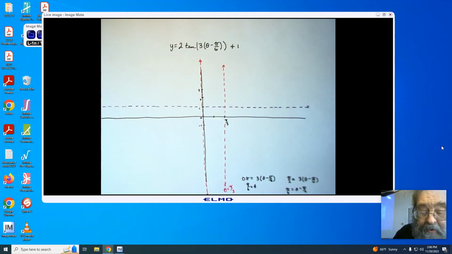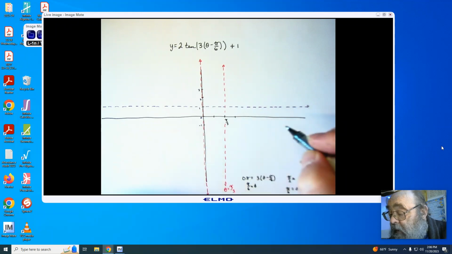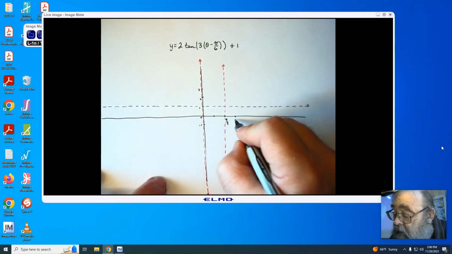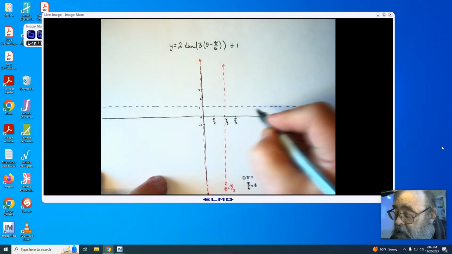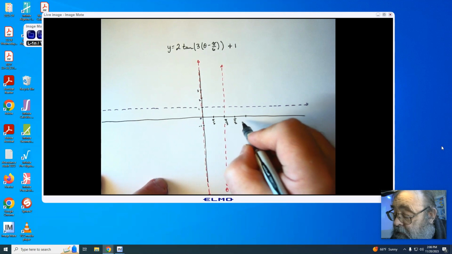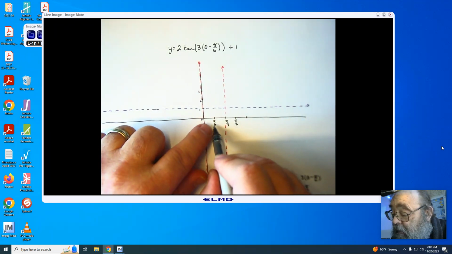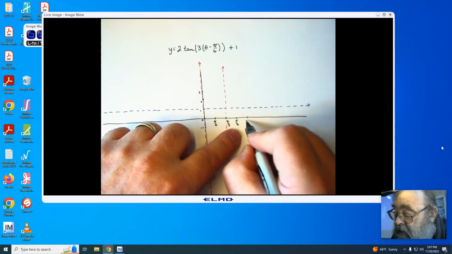Now, if I continue with this, I know that the next value has to be 1 pi over 6 over, and that's going to give me 3 pi over 6, and therefore pi over 2. And then the next one would be 4 pi over 6, which is 2 pi over 3. Let's just make sure. 1 pi over 6, 2 pi over 6, 3 pi over 6, 4 pi over 6.